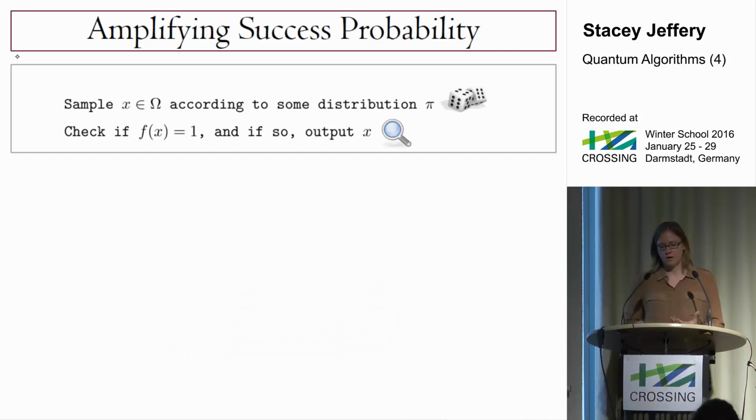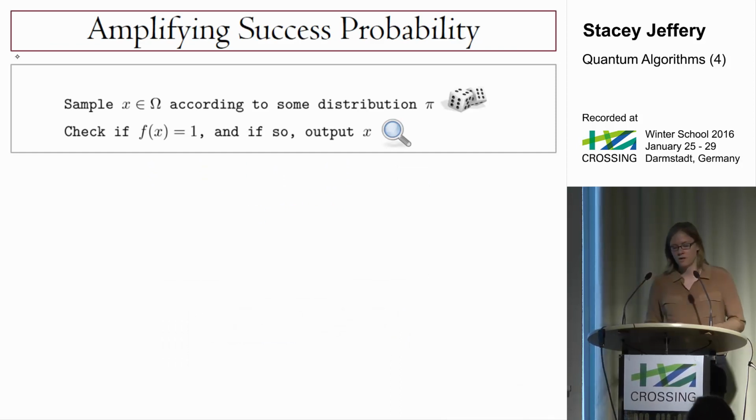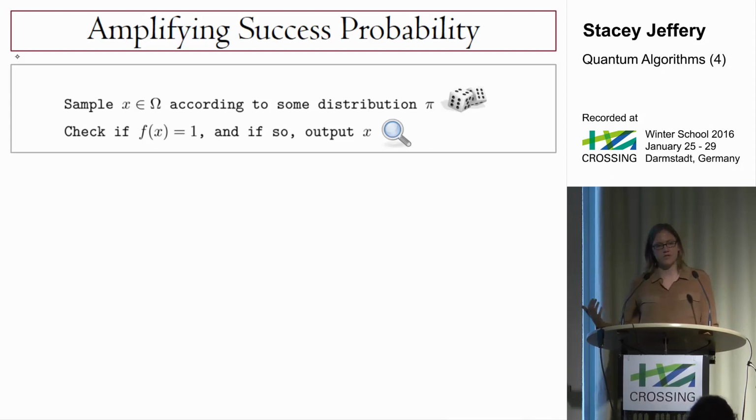Okay, so let's recall this guess and check algorithm that I mentioned at the beginning of the last session, where we sample, this is a bit of a generalization, some x from our universe omega according to some distribution pi, maybe not uniform, it doesn't really matter, something that we know how to efficiently sample, and then we check if x is marked.